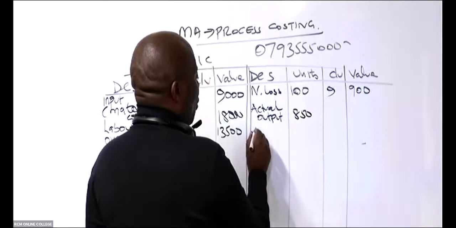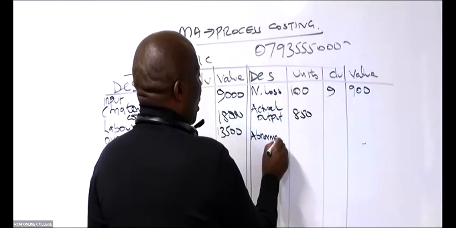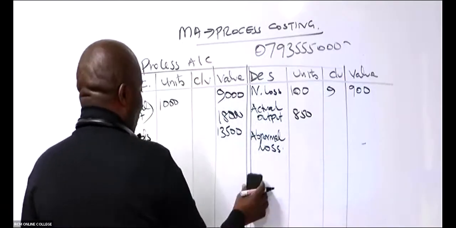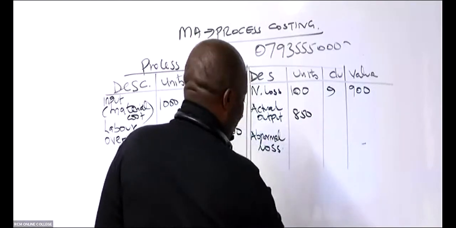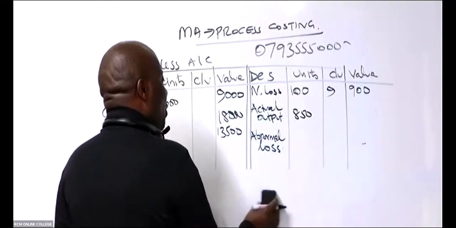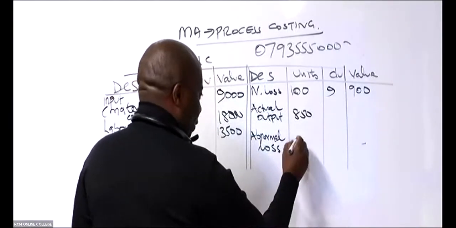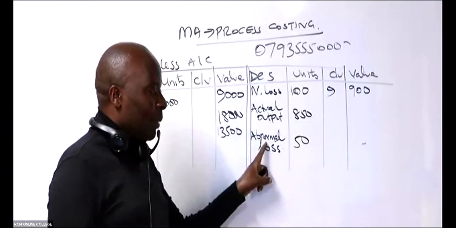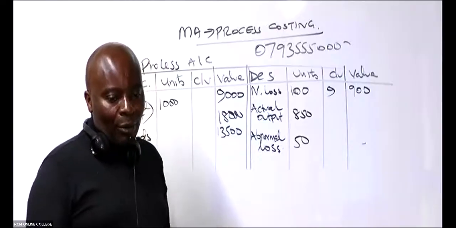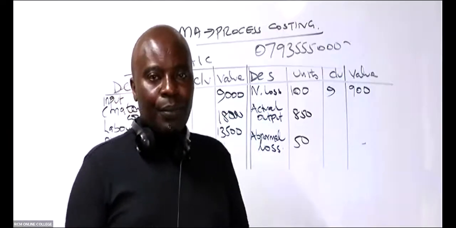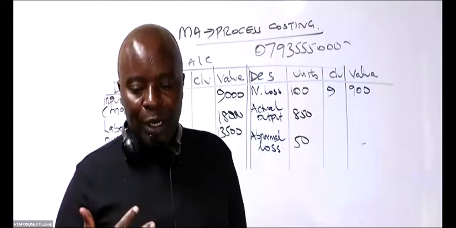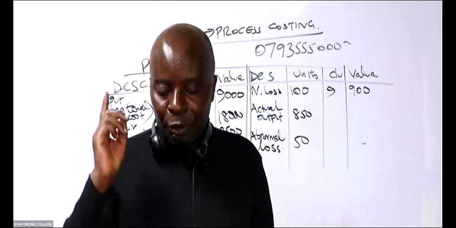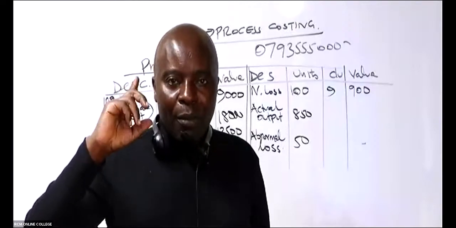And then we have what we are calling abnormal loss. The abnormal loss was 50. Is there somebody who can tell us anything about how we value abnormal loss units?